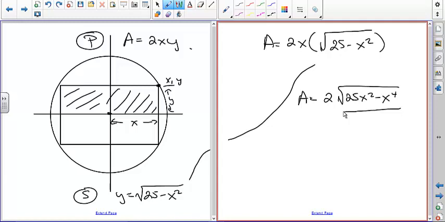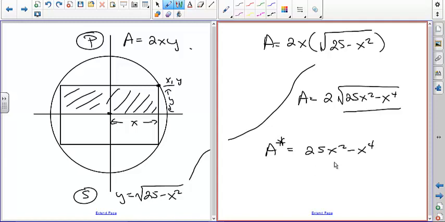Okay, so we've made the problem a lot easier if we don't have to include the square root. So if we said A star is just something that I'm trying to maximize, is 25x squared minus x to the 4th. If we maximize that, then we maximize the square root, which means we maximize the area. And that's a lot easier to do.